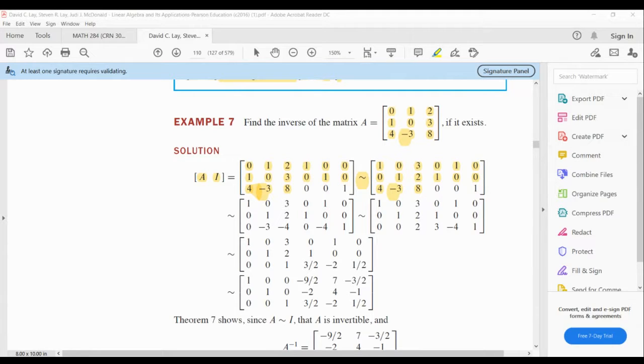For the identity matrix, they interchange them as well, because you're treating this like one big matrix. Essentially the row operations you're doing on the matrix A, you're simultaneously doing on the identity matrix.